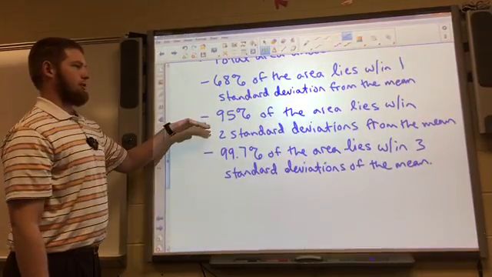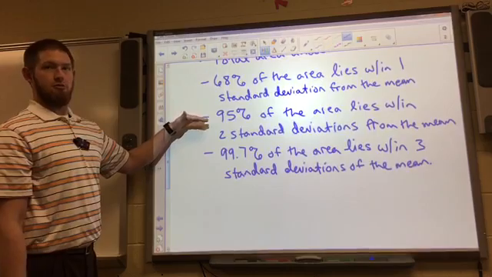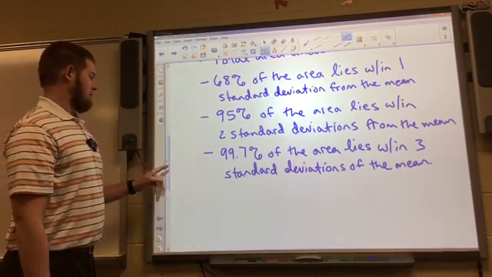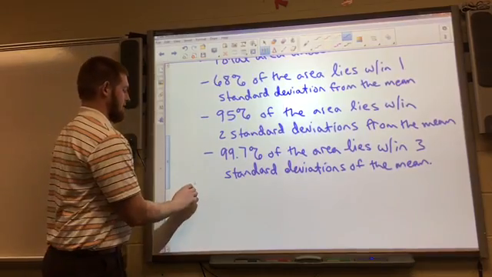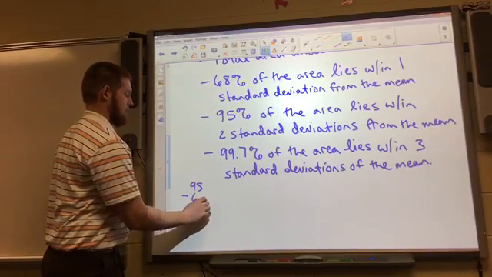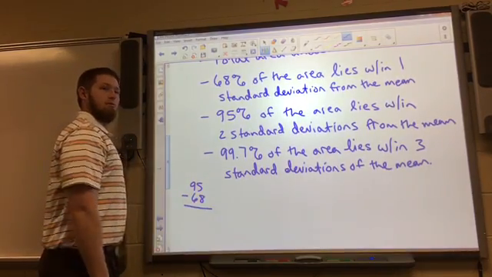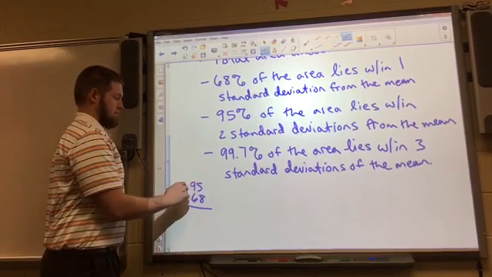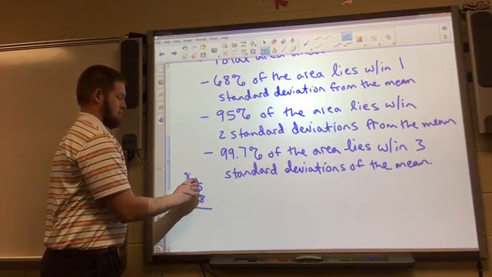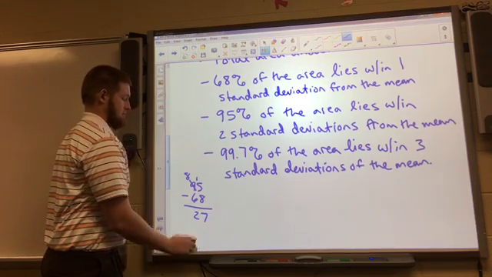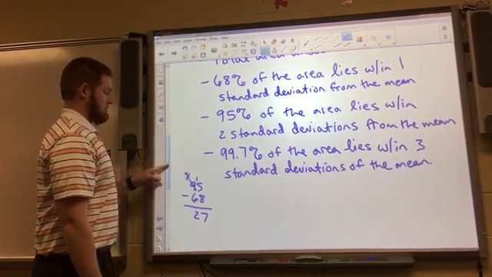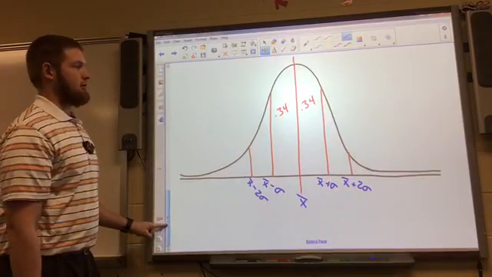What was our second rule? 95% lies within 2 standard deviations, right? Well, I'm already at 68%. So 95 minus 68 is what? 27%.